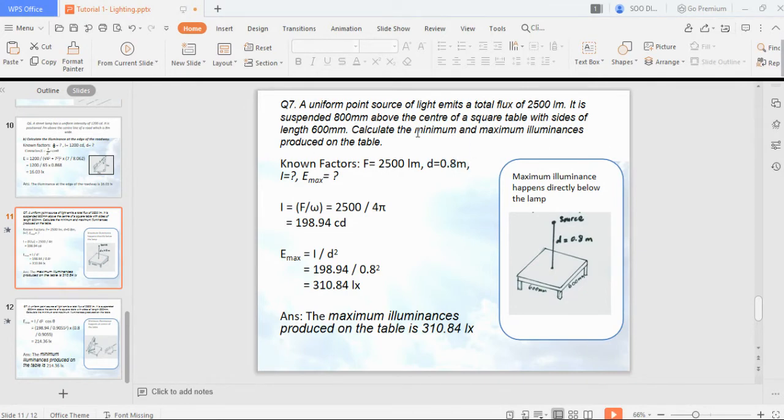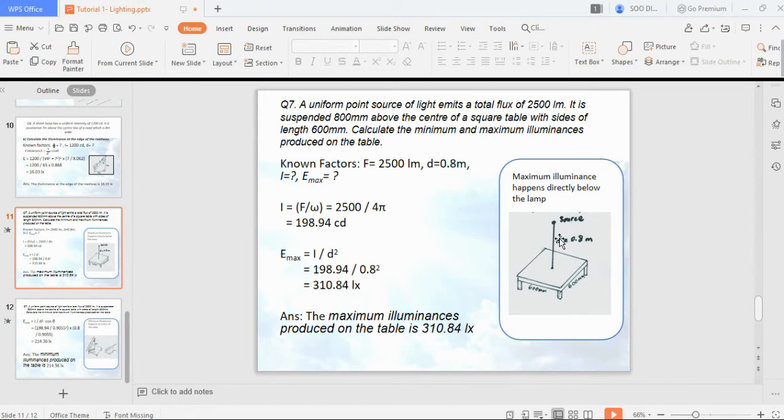So when it's asking you to find out the maximum and minimum, you know that with the inverse square law, the further the light source is from the surface, the less illuminance it is able to give to the surface.